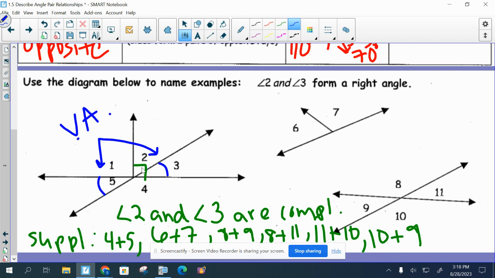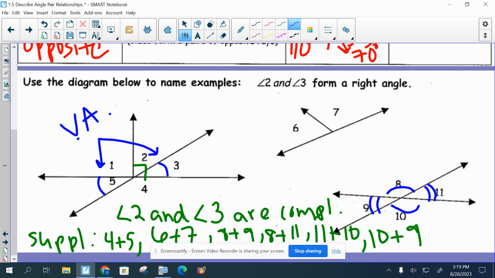Angles 1 and 4 are not vertical because the angle formed by 4 is this line and that line, but the opposite angle of 4 would be 1 and 2 together, not just angle 1. So 1 and 4 are not vertical angles. Angle 1 and this entire angle are vertical angles. But over here, 8 and 10 are vertical angles, and so are 9 and 11.